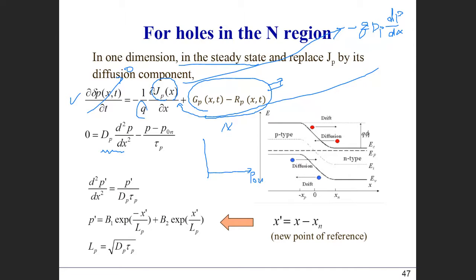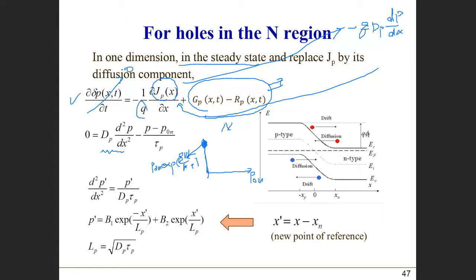If you apply the bias, the hole concentration in here is increased, following p_n0 exponential qV_A over kT, right? So we have the increase of this carrier concentration.